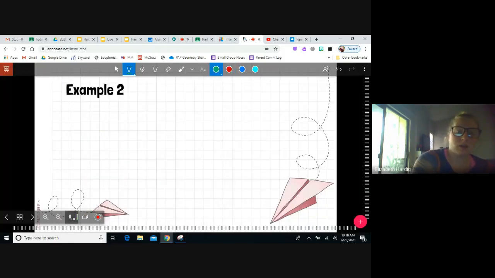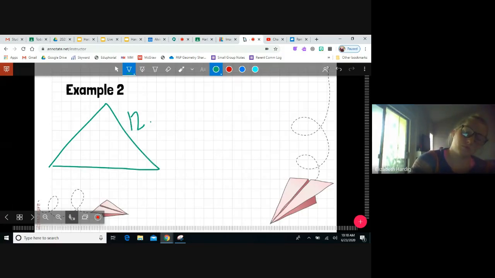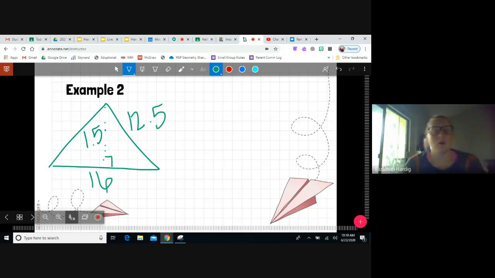Okay, our next triangle. Again, the first thing I want to think of is, all right, I'm going to find the area of my triangle. So I would write the formula.